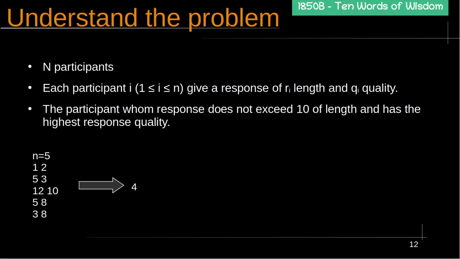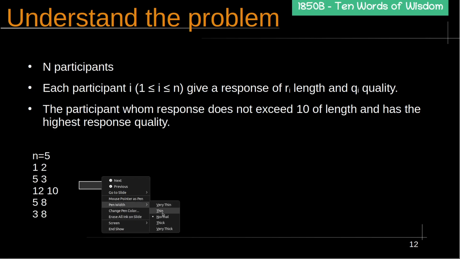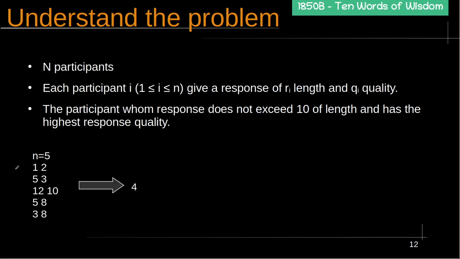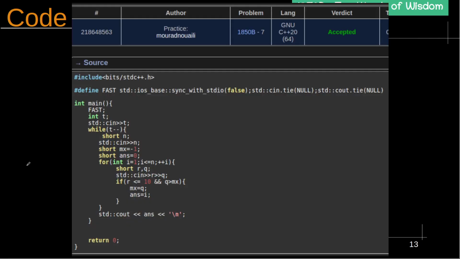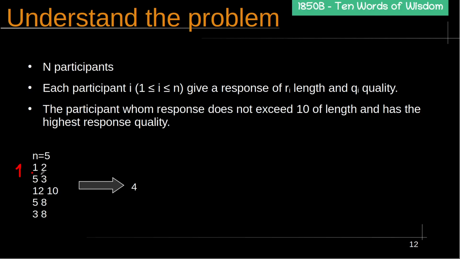For example here, we have the first participant whose response has 1 word, with 2 degrees of quality, if we can say that.